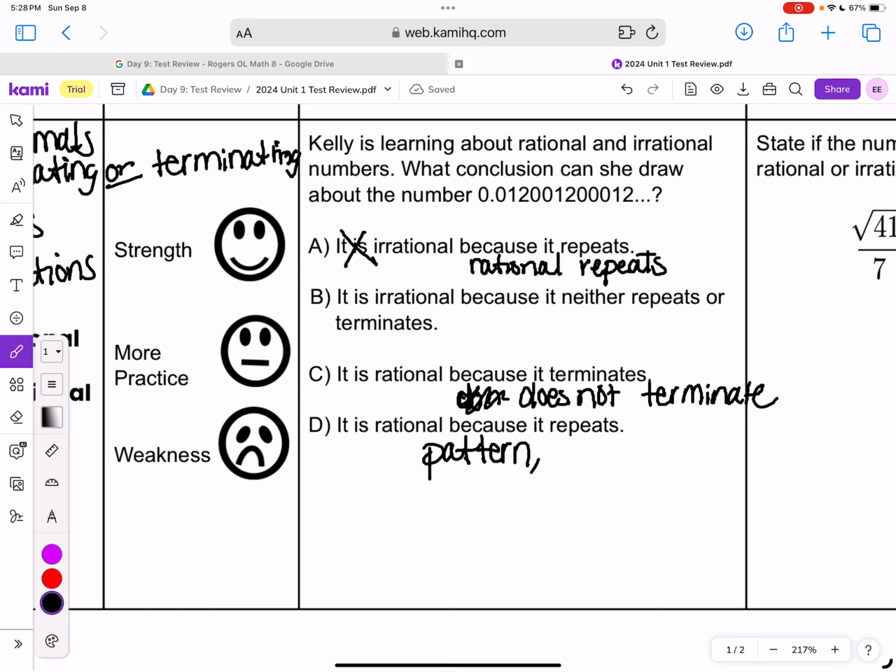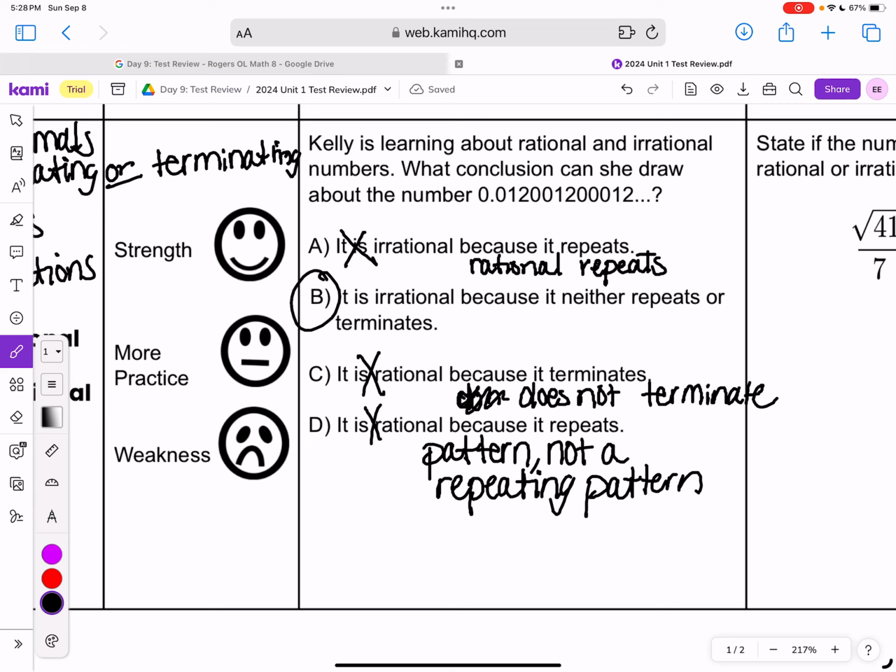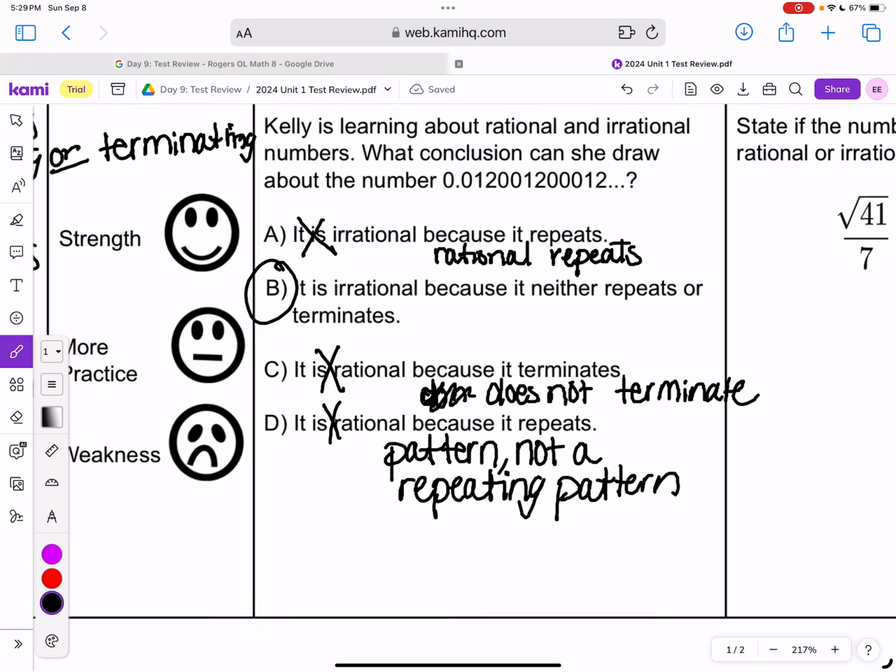There is a pattern, but it's not a repeating pattern. So I can eliminate these two. So your answer is B. You can see it does not repeat, and it does not terminate. Let's take a look at the next one.